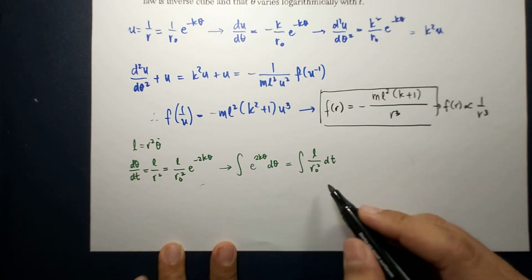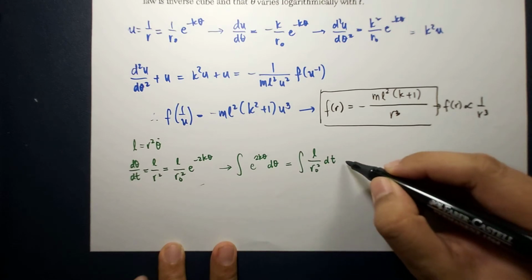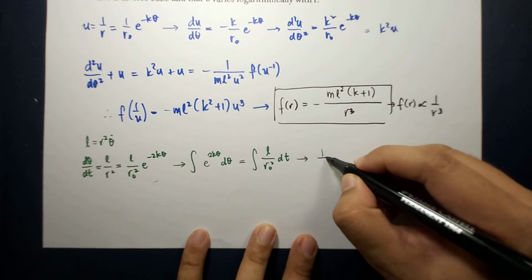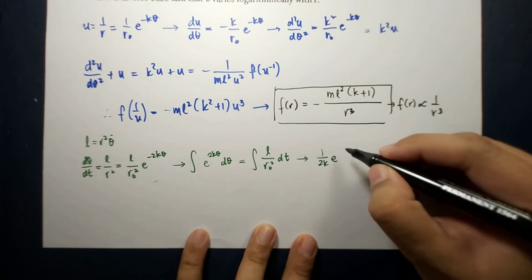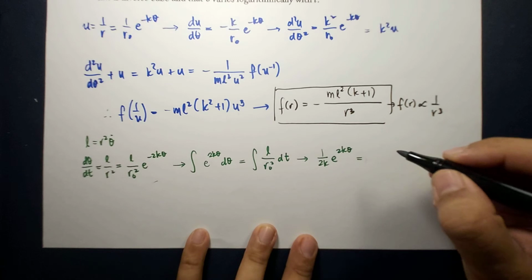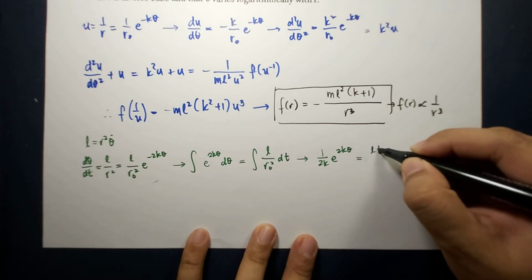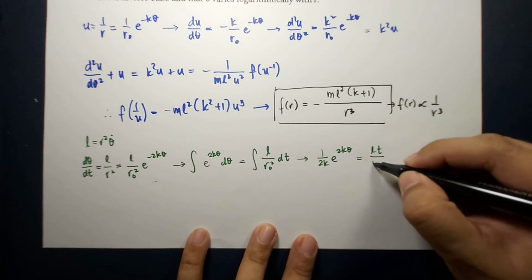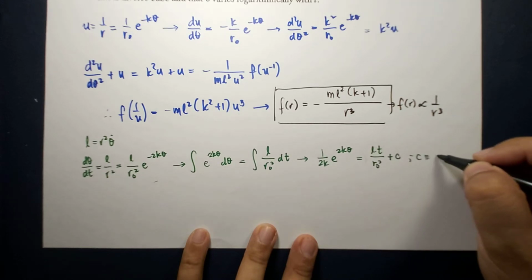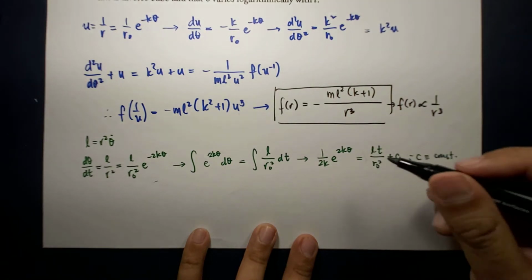So this can now be rewritten as 1 over 2k e to the 2kθ, and this is equal to l t over r0 squared plus c. Again, c is our integration constant.